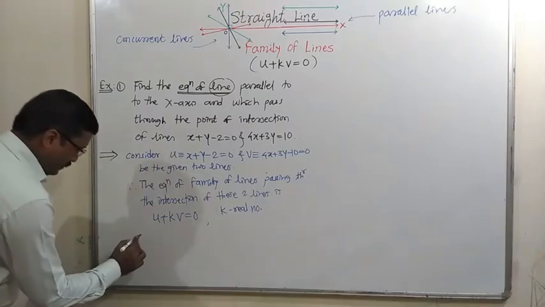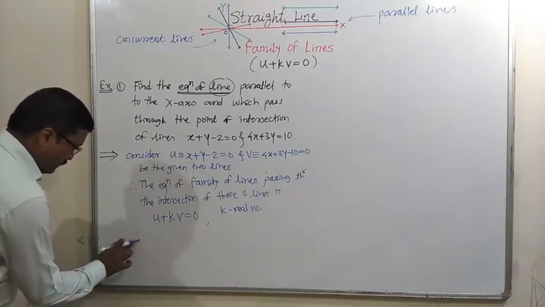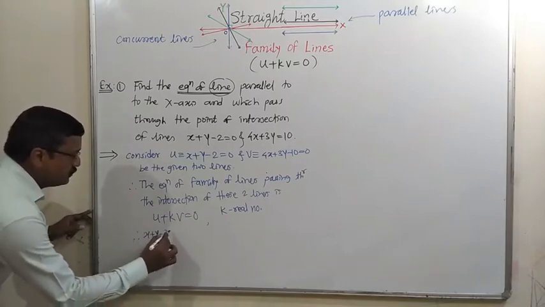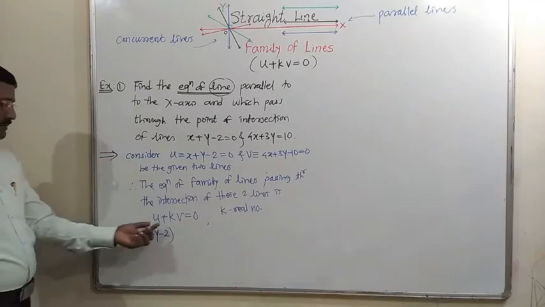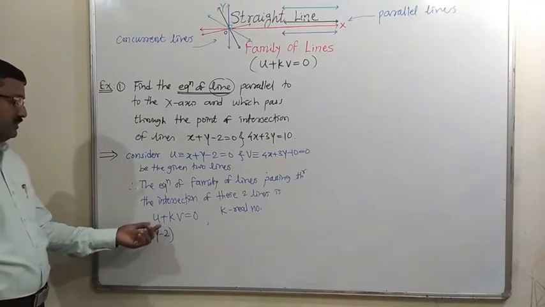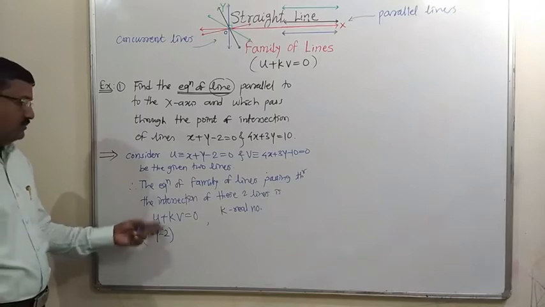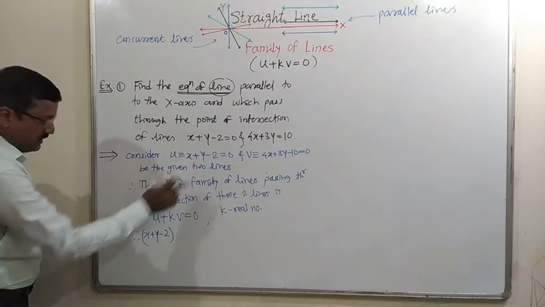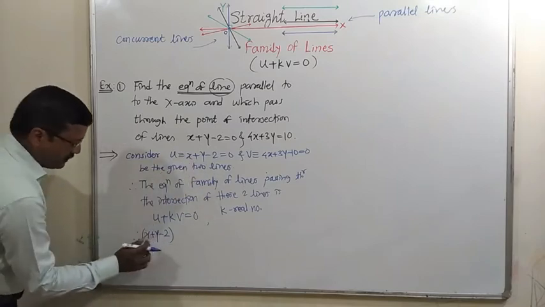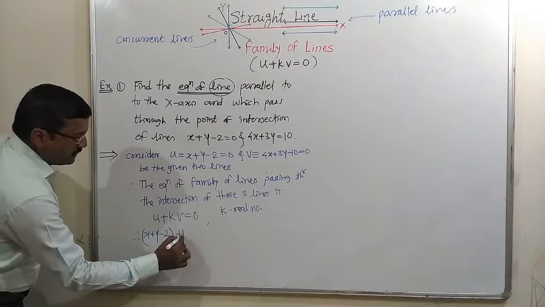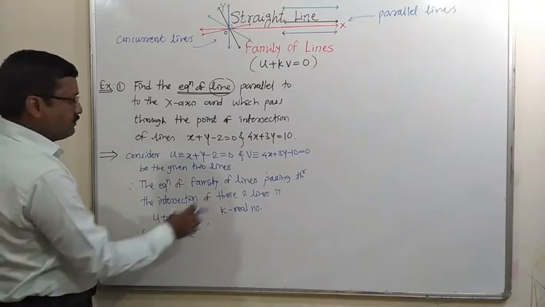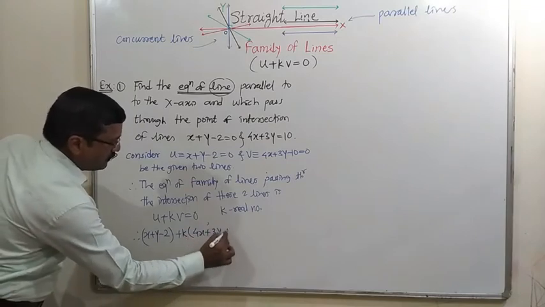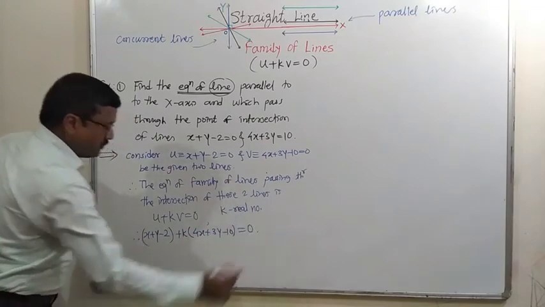So put these two equations here, we get x plus y minus 2. We will put only non-zero part here. If we put with 0 equal to 0, then it will be 0, 0 plus k into 0 equal to 0, it's obvious. So to the right 0 is there, so write only the left part in u equal to 0, u equal to x plus y minus 2 plus k into, what is the non-zero part of this equation v, that is 4x plus 3y minus 10, and the whole is equal to 0.